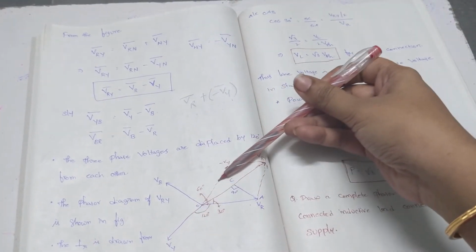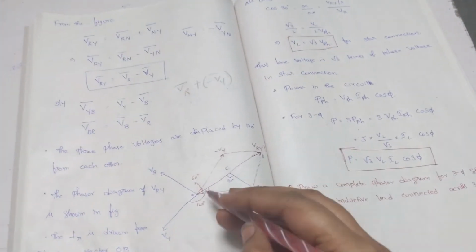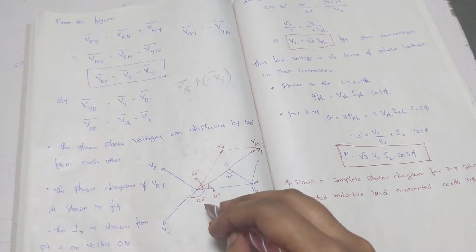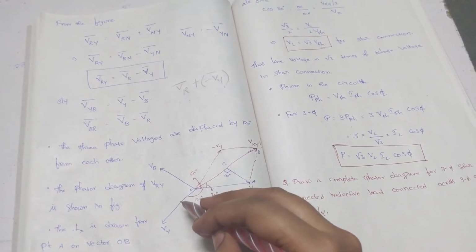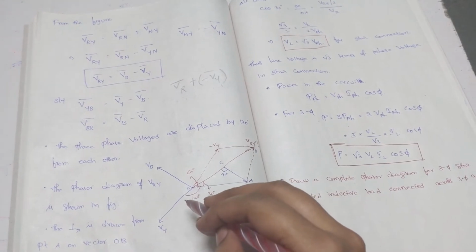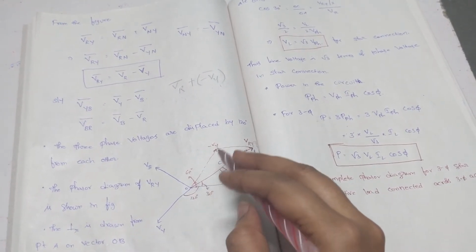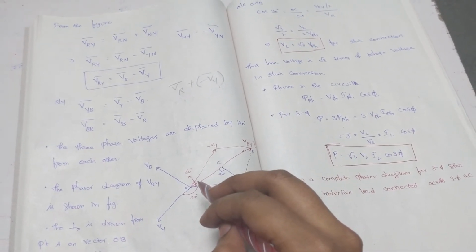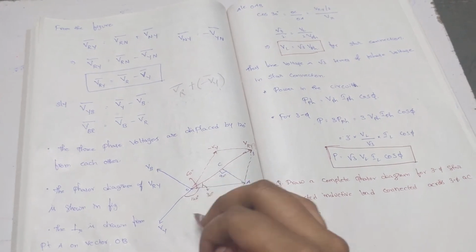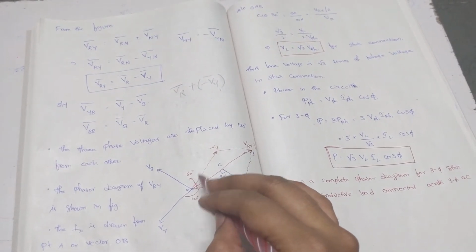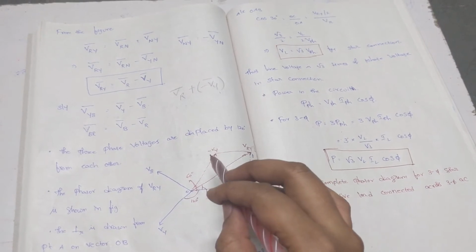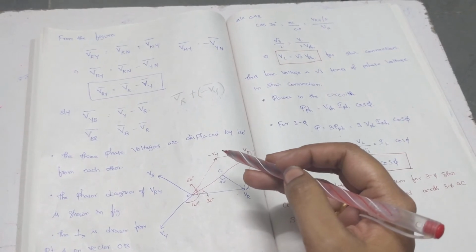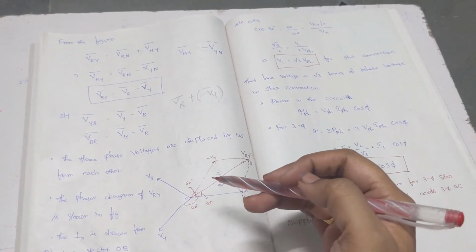From VR to VY it is 120 degrees, and from VY to minus VY it is 180 degrees. That means from minus VY to VR we have the remaining 60 degrees, because 60 plus 120 completes 180 degrees. So the angle between VR and minus VY is 60 degrees. So minus VY leads VR by 60 degrees.